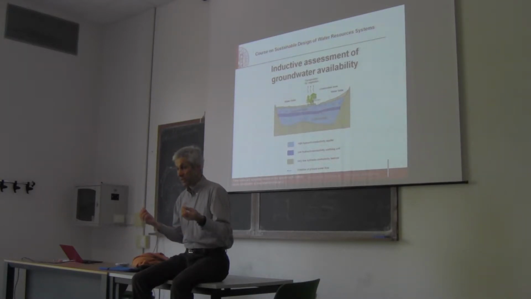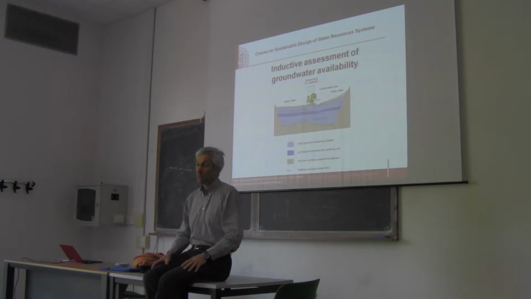The easiest way to see groundwater is to dig a hole in the ground in order to monitor at which depth we reach water. And typically these holes are excavated in order to withdraw water, and in this case they are called wells, okay, pozzo in Italian.